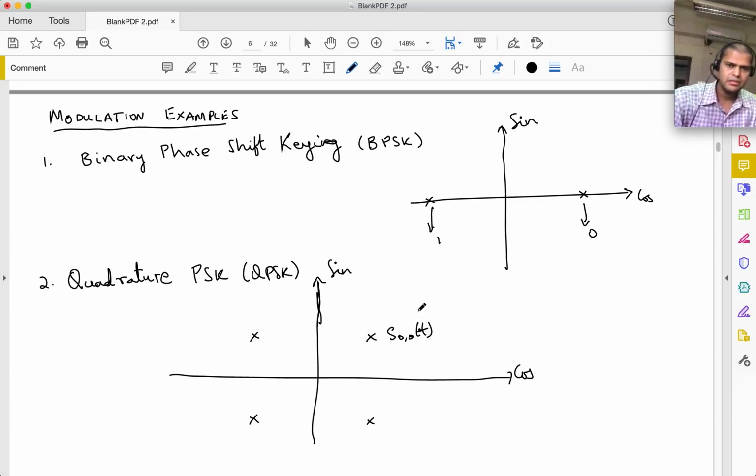Let's say that I assign bits 00 to this. My data bit stream is coming in. Let's say I have 11001001. When bits 00 come, I send out the signal corresponding to this constellation point.